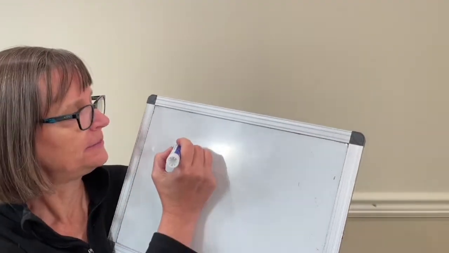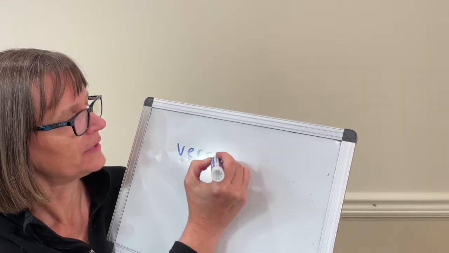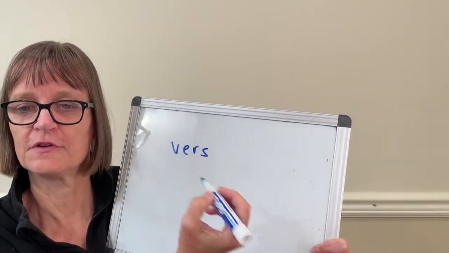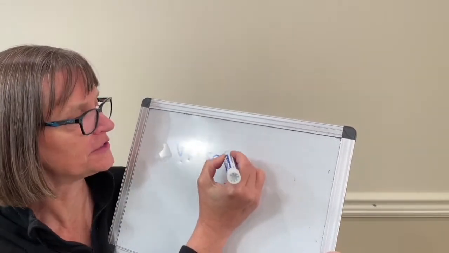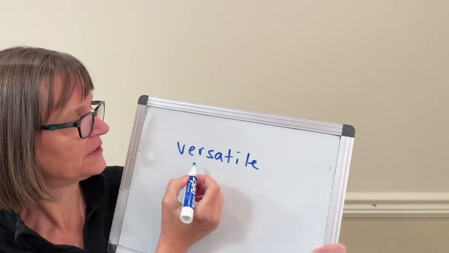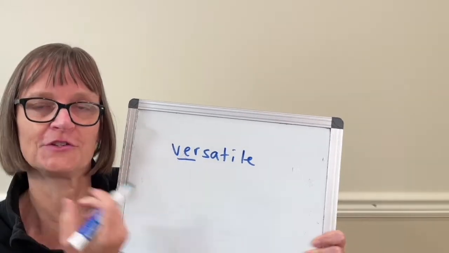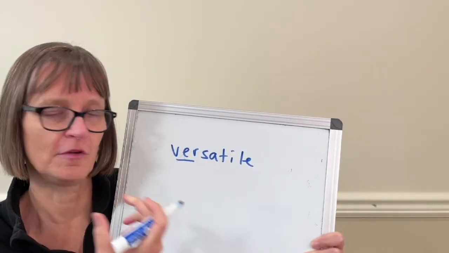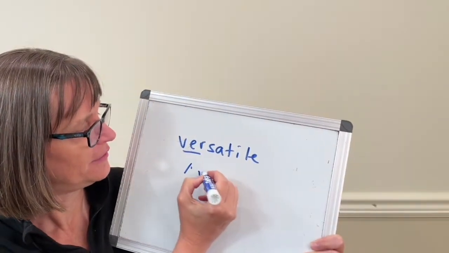Welcome, everyone. Thank you for being here, Milena, one of our channel members. She's asking about the word versatile. So I'm saying it one way, but versatile can also be pronounced versatile. So two different ways here. First, in either case, it's stressed on the first syllable ver. So we'll have the ver.